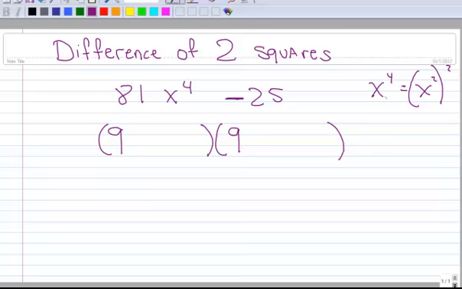X to the 4th, well, I can think of that as x squared squared. So x squared goes here, and an x squared goes here. 25, the square root of 25 is 5. A 5 goes here, and a 5 goes here. And then one of the binomials gets a minus, one of the binomials gets a plus. And that's how you factor the difference of two squares.